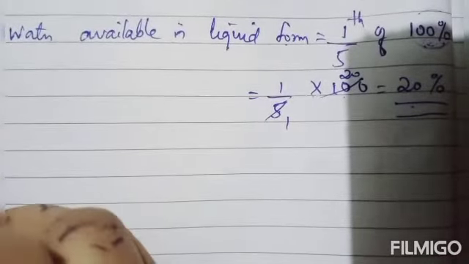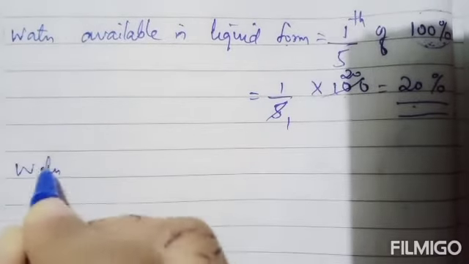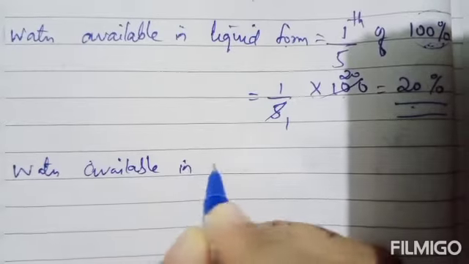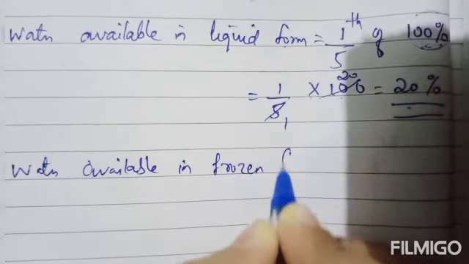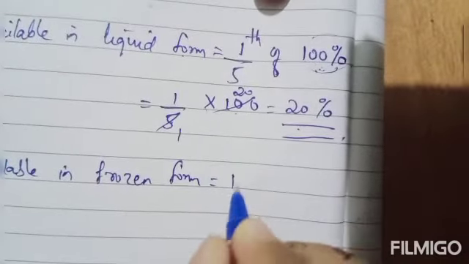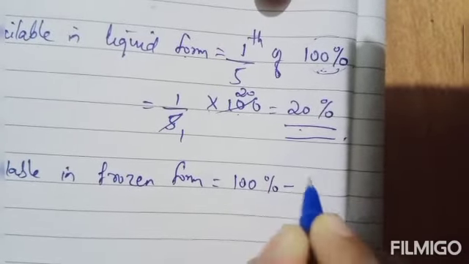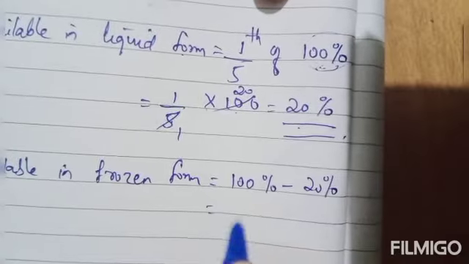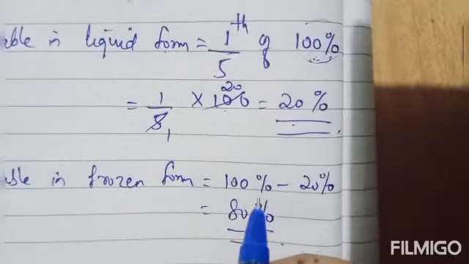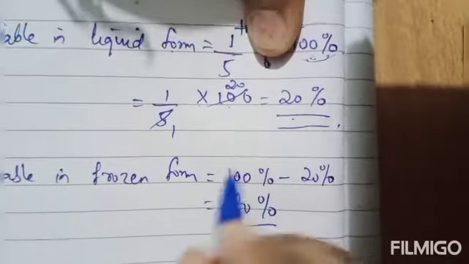Now the second question: water available in frozen form. If water available in liquid form is 20%, water available in frozen form will be 100% minus 20%, you will get 80%. The total percentage of water present is 100%.